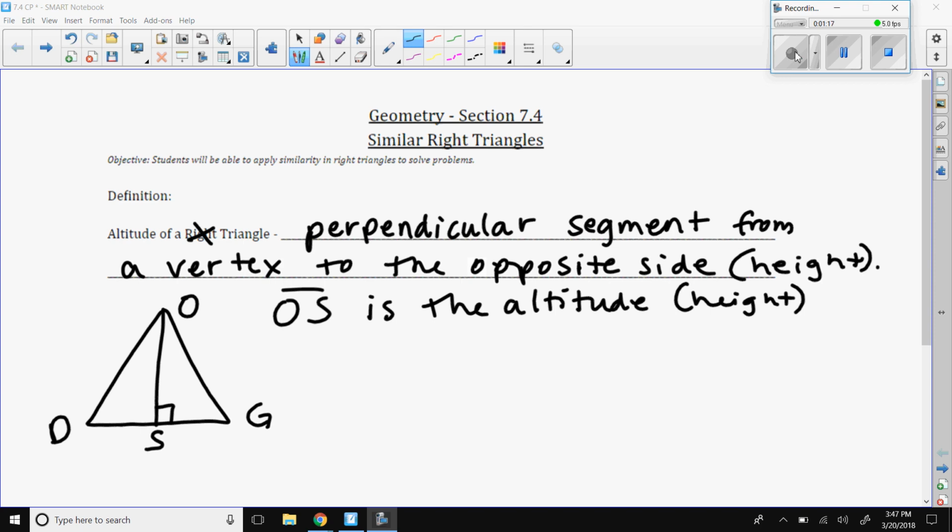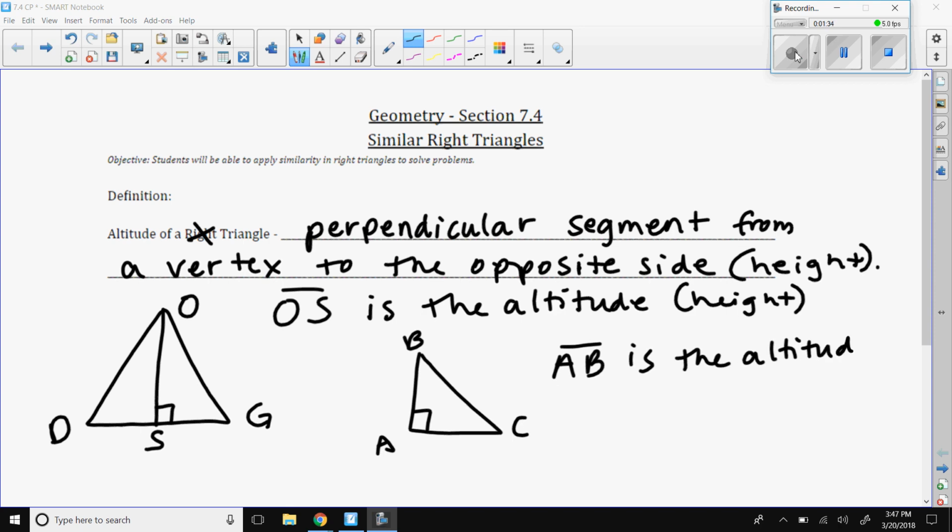In a right triangle, as soon as we are talking immediately about a right triangle ABC, we now consider this height to just be AB. So AB is that altitude, or the height. It's the tallest part that's standing up here.